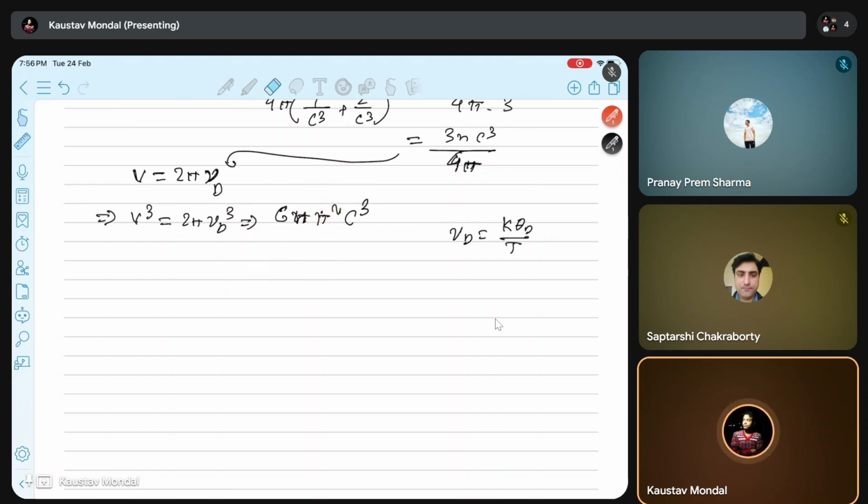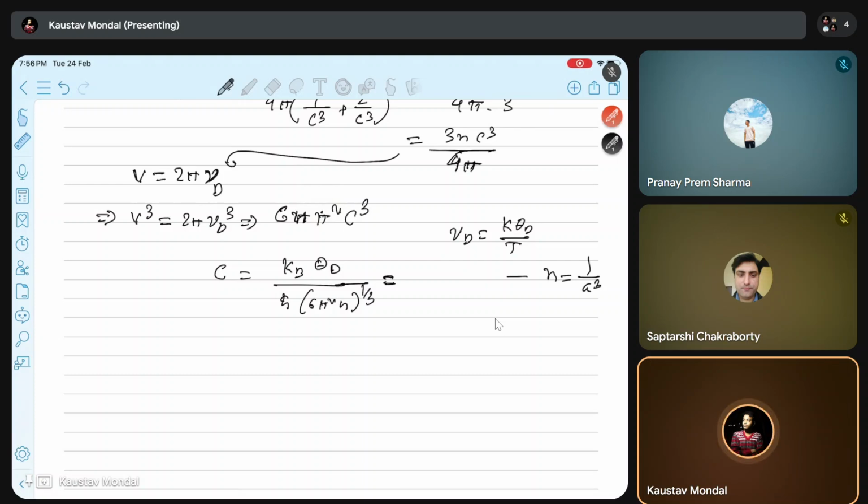So C we can write as kB theta D by h cut into 6 pi square n to the power 1 by 3. So n basically is there. Now this density is related to the lattice parameter. So n is basically 1 by a cube. Okay.